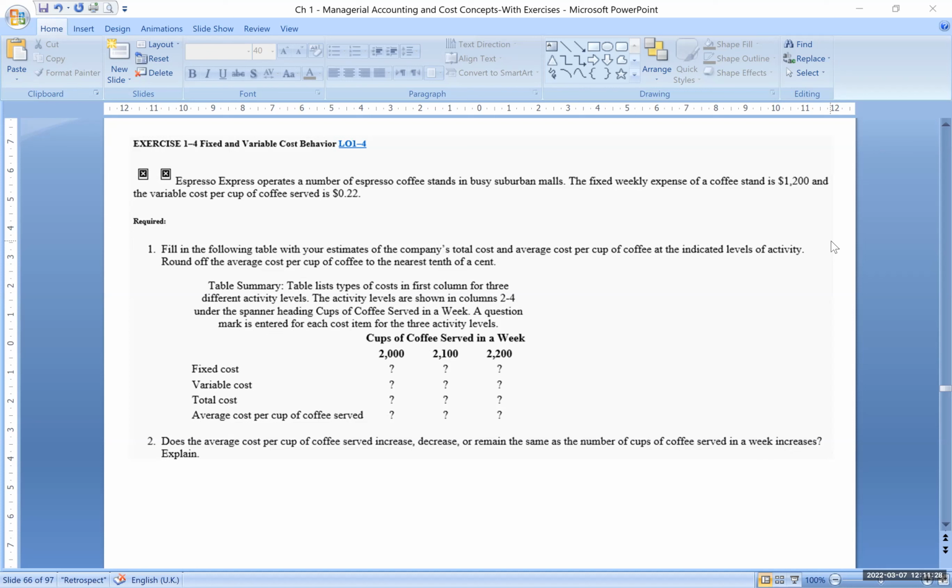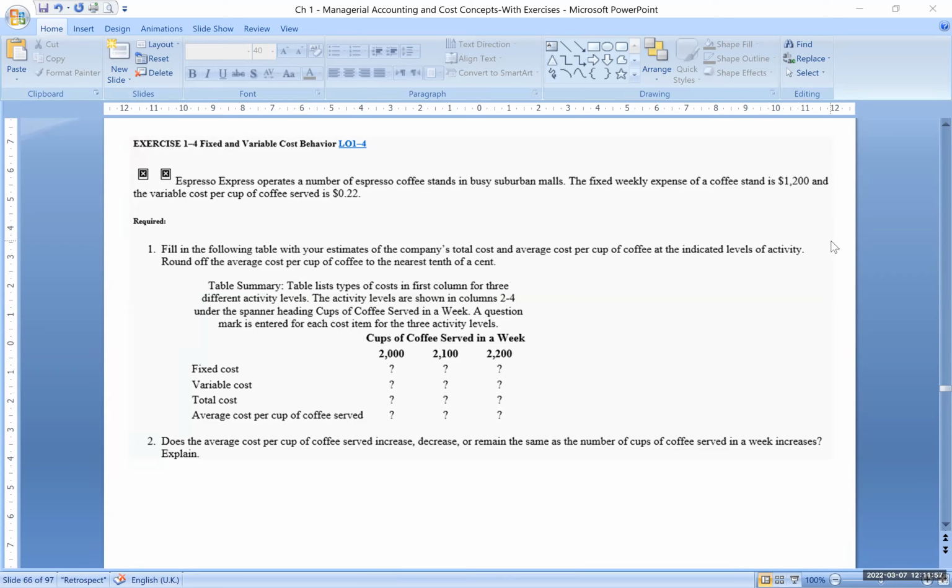Fixed and variable cost behavior. Espresso Express operates a number of espresso coffee stands in busy suburban malls. The fixed weekly expense of a coffee stand is $1,200. And the variable cost per cup of coffee served is $0.22.